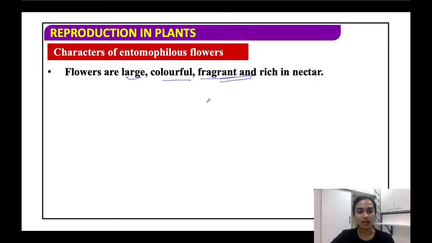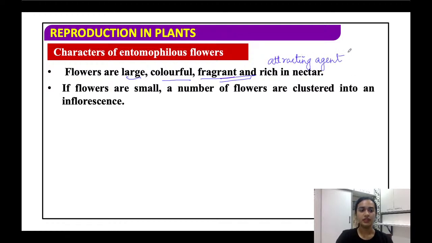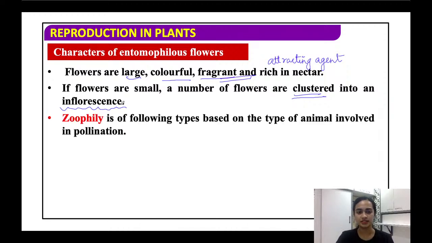They need to have nectar because that is the attracting agent. Fine. If the flowers are small, a number of flowers are clustered into an inflorescence. Inflorescence basically is the manner in which the flowers are clustered.